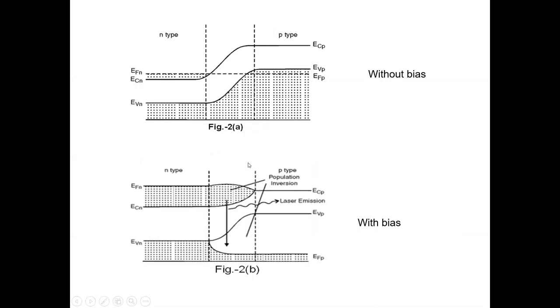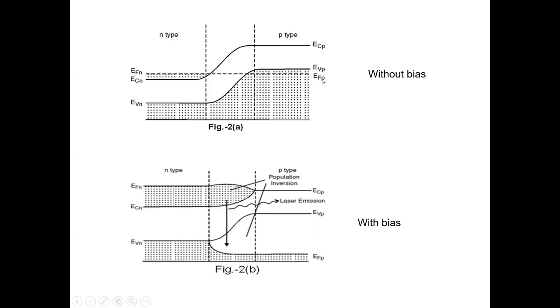And working here. So if you form a PN junction here, this is the N type. This is the conduction band and this is the valency band. And this is the Fermi energy level N side. It is a P type. Here conduction band and valency band. Here we are having Fermi energy level here.